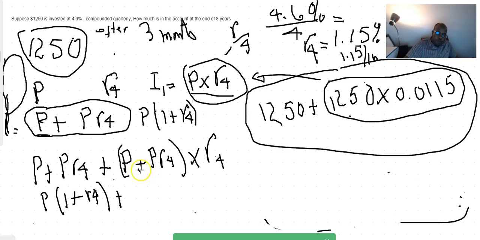I can still put the P in factor here, so I can still have P times 1. There it is. I can have it like that.